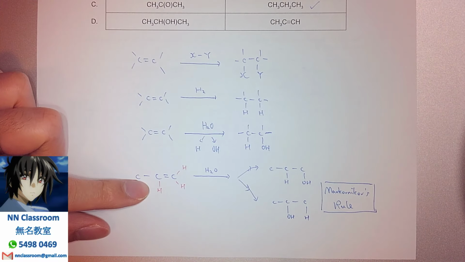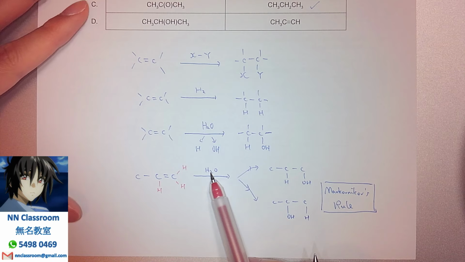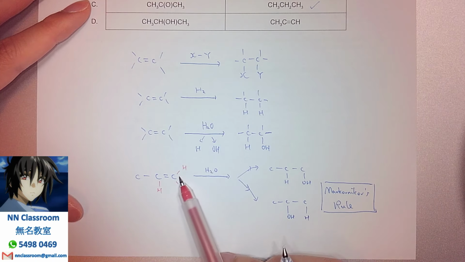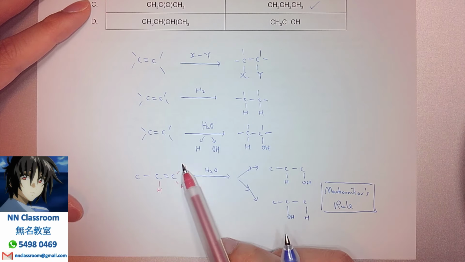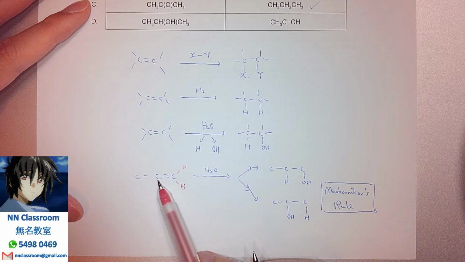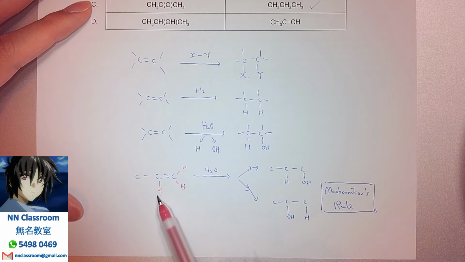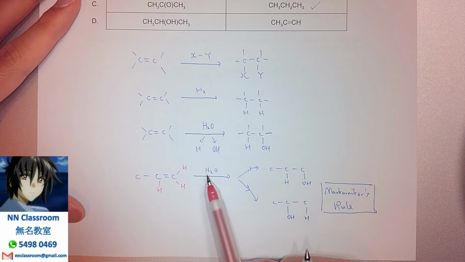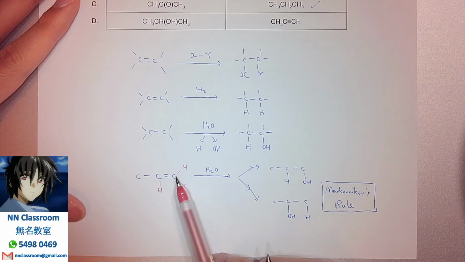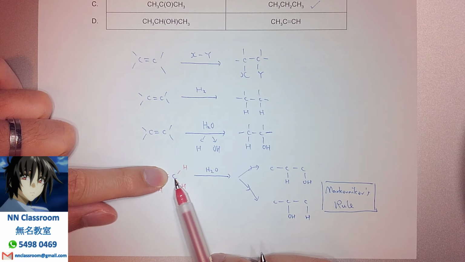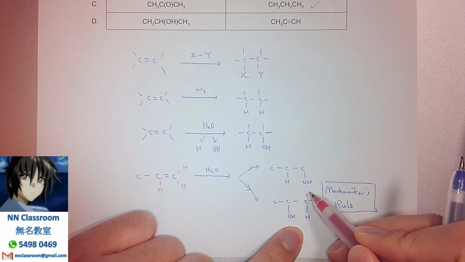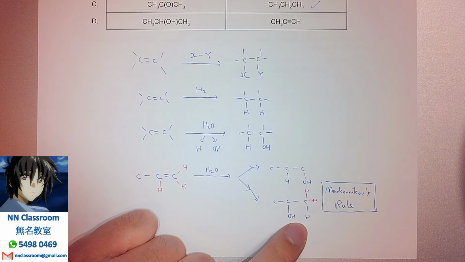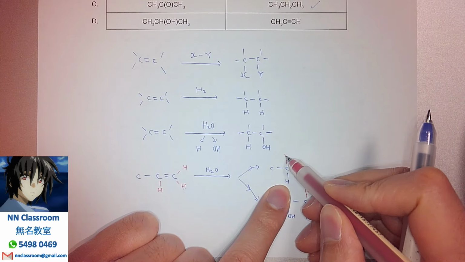So if I'm a hydrogen, I will prefer to go to the carbon that already has more hydrogen instead of going to the middle carbon that has less hydrogen attached. So the hydrogen goes to the carbon that already has more hydrogen, resulting in this situation instead of the one above, right?